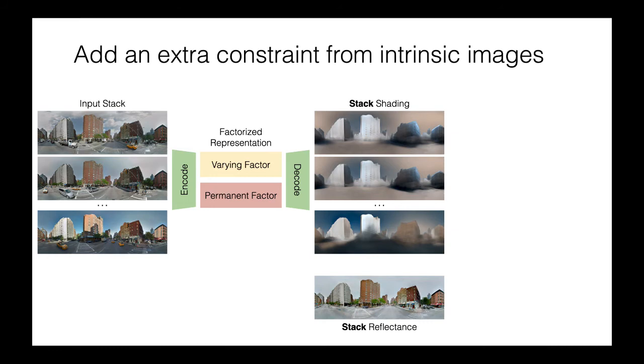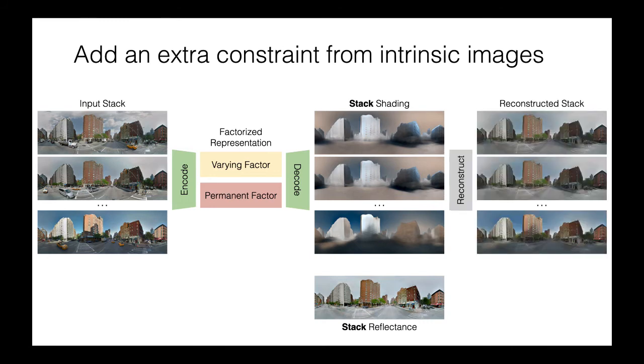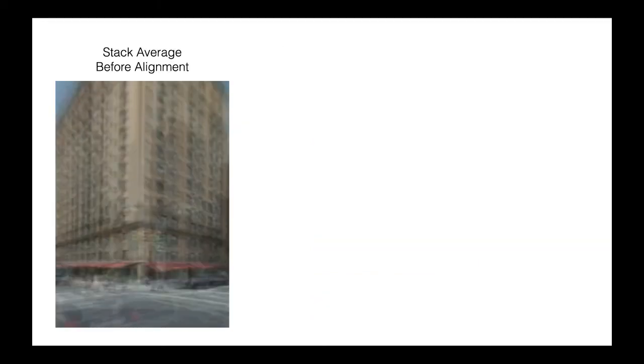So to get these embeddings to encode permanent versus varying, we also learn to decode intrinsic images from our embedding. Finally, we can reconstruct the time-lapse stack from these decoded intrinsic image components. This allows us to train the model in an end-to-end manner, where the network naturally learns to factorize the image into varying and permanent factors.